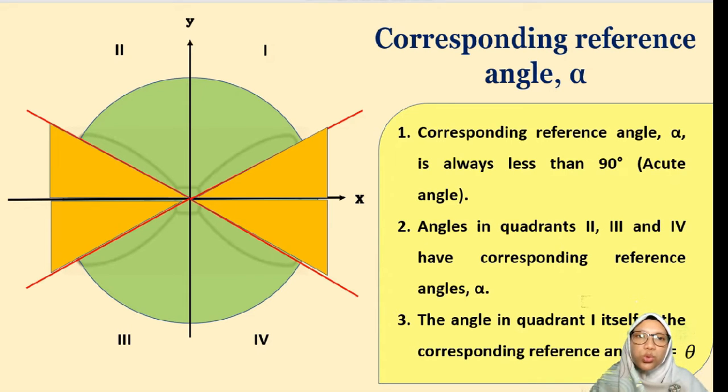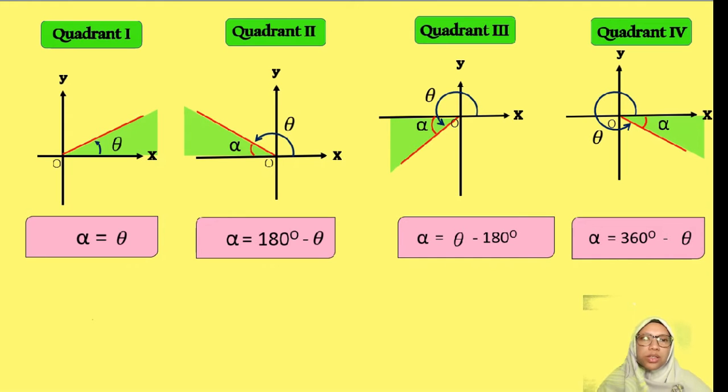Angle in quadrant 2, quadrant 3 and quadrant 4 have corresponding reference angle of alpha. The angle in quadrant 1 itself is the corresponding reference angle, or alpha is equal to theta. In quadrant 1, corresponding reference angle is equal to the angle of theta itself.